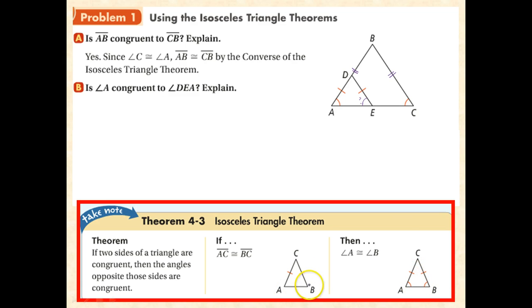Basically, if you have an isosceles triangle, the base angles are congruent. This is an isosceles triangle because we know that AD is congruent to ED, which means that the base angles are congruent. So angle A is congruent to angle DEA by the isosceles triangle theorem.